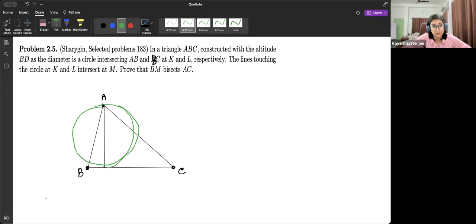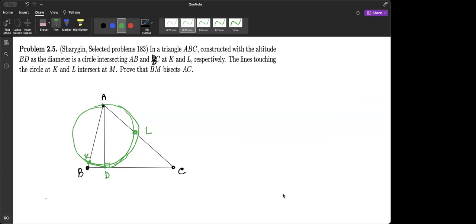This is some circle which looks very weird. Yeah. So this is K and this is L and this is D, I guess, right? Yeah. The altitude is BD.